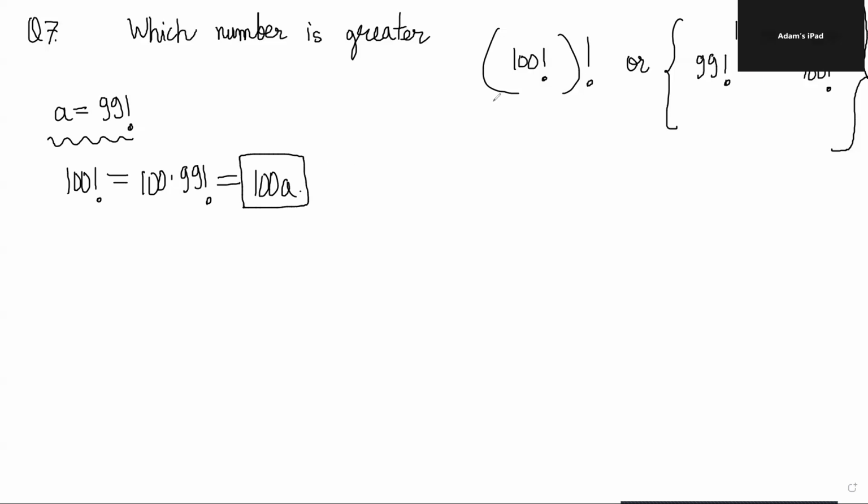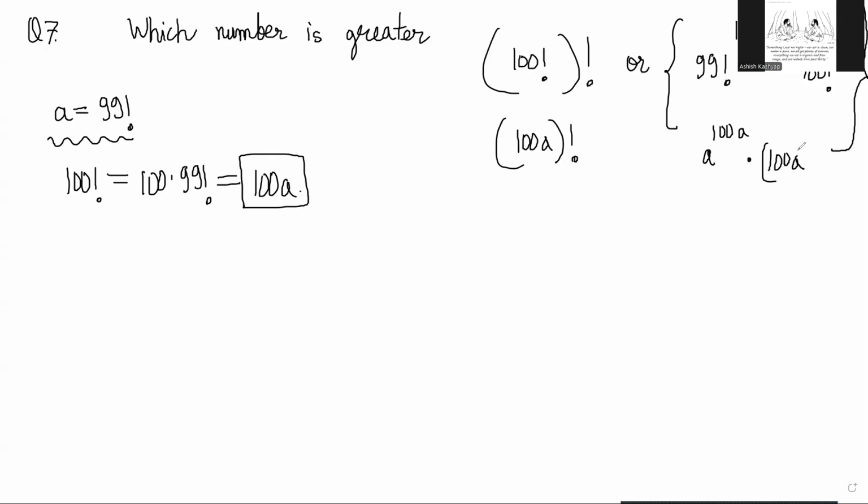So this becomes 100A factorial, and this becomes A to the power 100A multiplied by 100A to the power A.